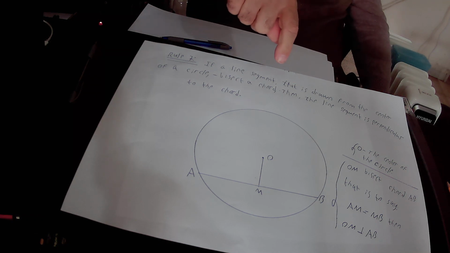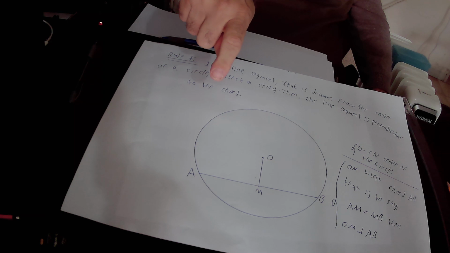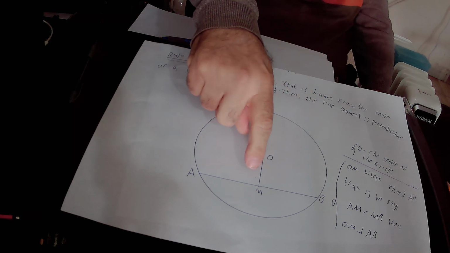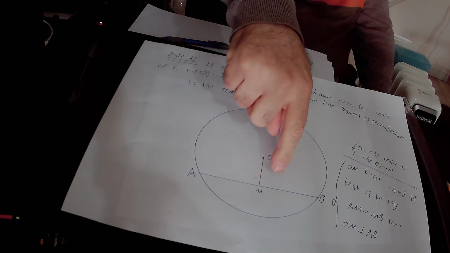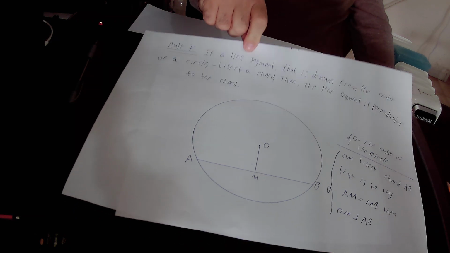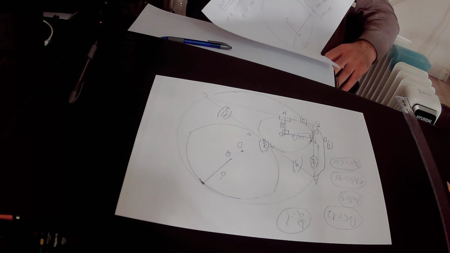That is to say, if OM bisects chord AB, then OM also will be perpendicular to chord AB. That is to say, this angle equals 90 degrees and this angle equals 90 degrees according to rule number 7. We actually implement rule number 7 in our drawing.